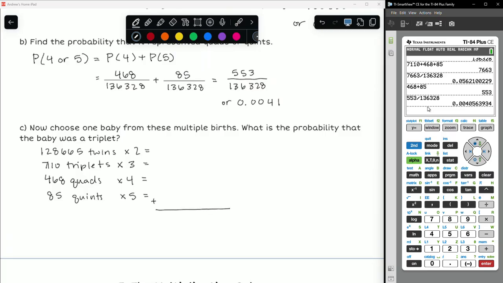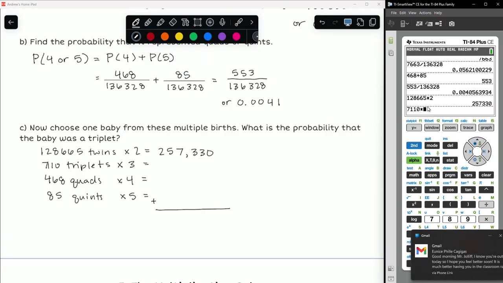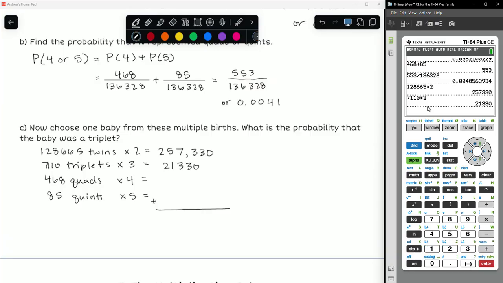So let's go ahead and grab our calculator and do some math here. So 128,665 times 2 is 257,330. I'm sorry, I don't know why I'm stuttering all over the place. 7,110 triplets times 3 is 21,330. 468 quads, so times 4 gives us 1,872.